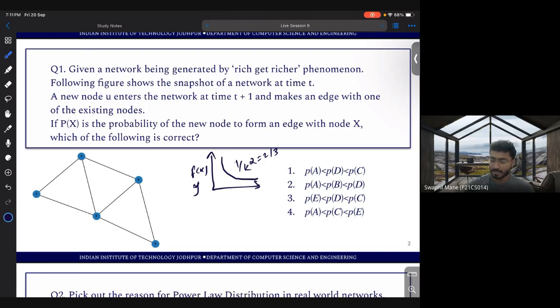This is one scenario that is not directly related to this question.